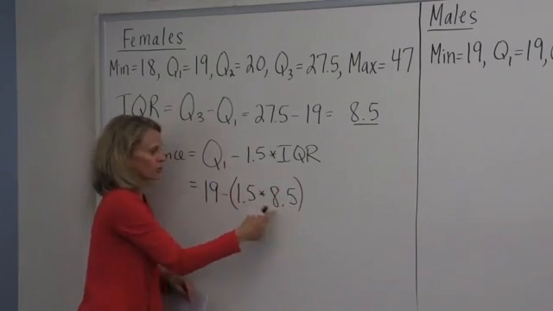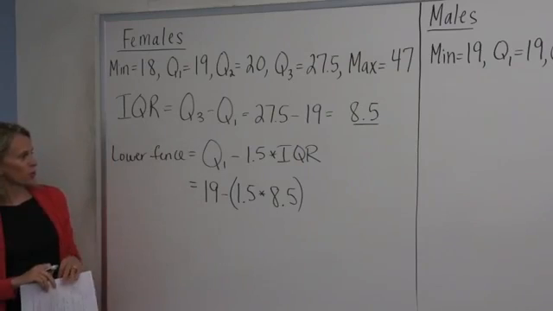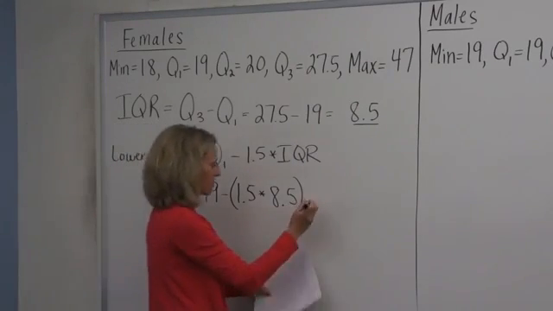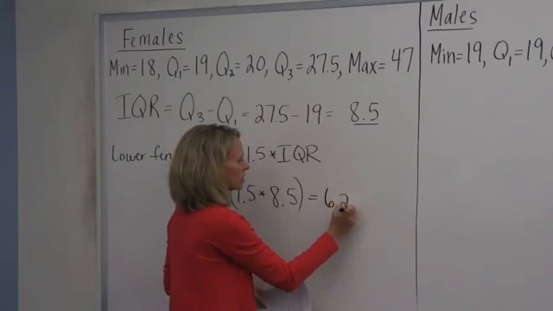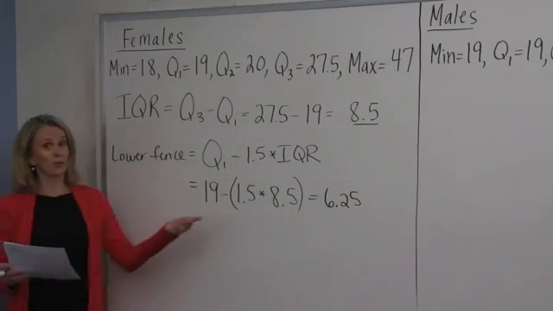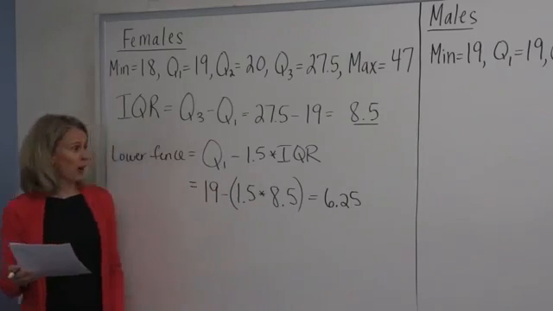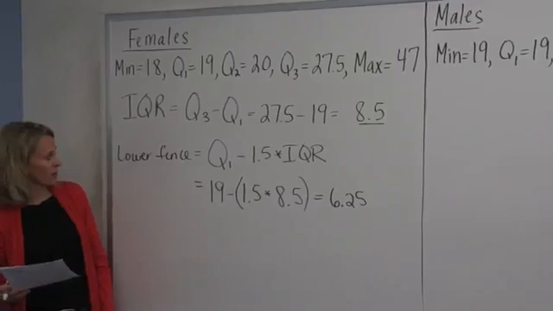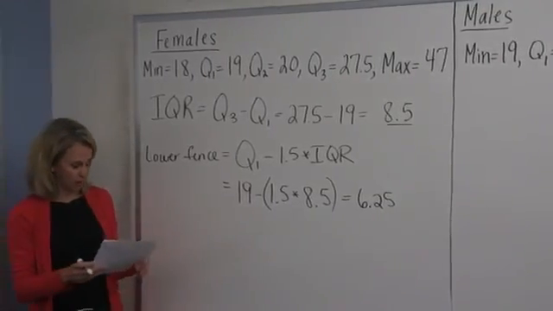In your order of operations, you do that multiplication before you subtract from 19. When you do that, we get a lower fence of 6.25. So if we had any Cecil students younger than 6.25, they would be considered outliers. Pretty sure we're not going to have any outliers on the lower end for the females.